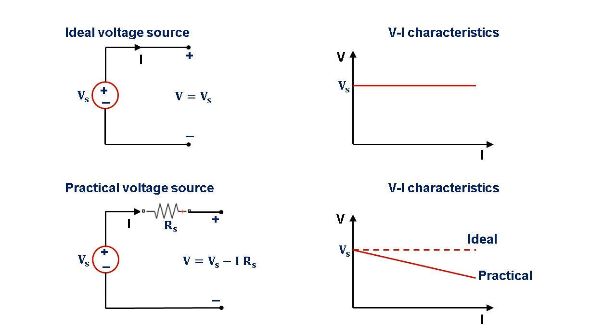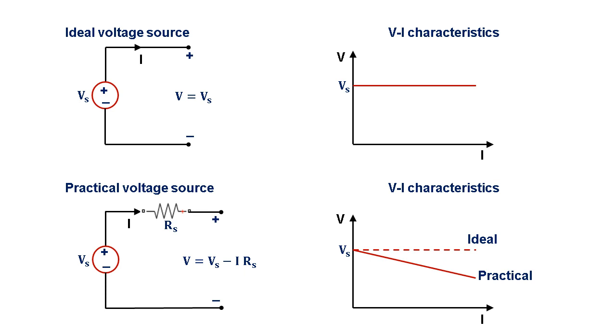If you see the practical voltage source, it has an internal impedance or internal resistance. This we are assuming as Rs. In practical voltage source, the voltage across the output terminals is Vs, that is source voltage, minus current into resistance value, which is the drop across the resistance.